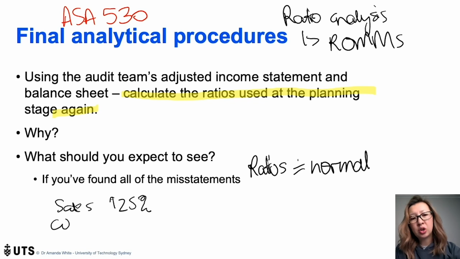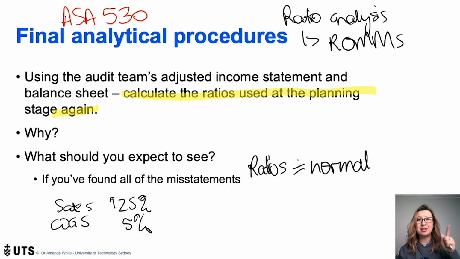But you found cost of goods sold was only up by 5%, right? That looks a bit unusual. What's going on there? Those things should move in the same direction because we know that the journal entry is debit cash, credit revenue, debit COGS, credit finished goods inventory, right? Those two journal entries, 1, 2, 1, 2, that's how it always works.